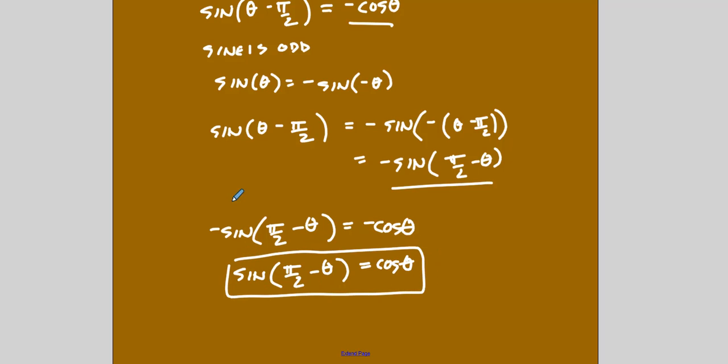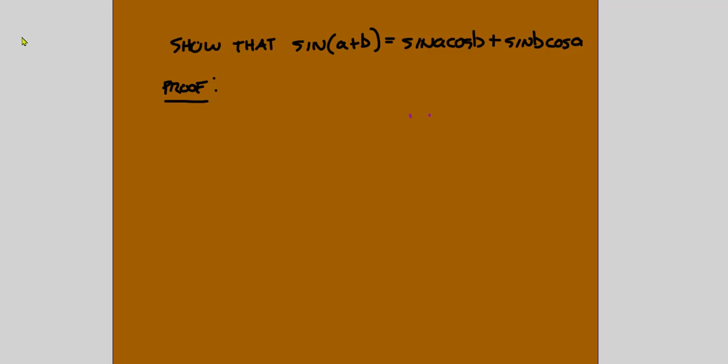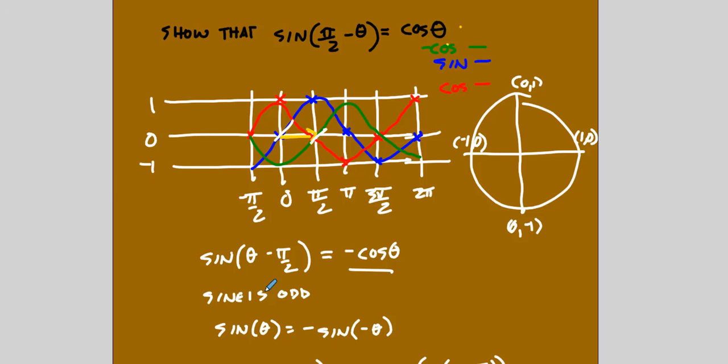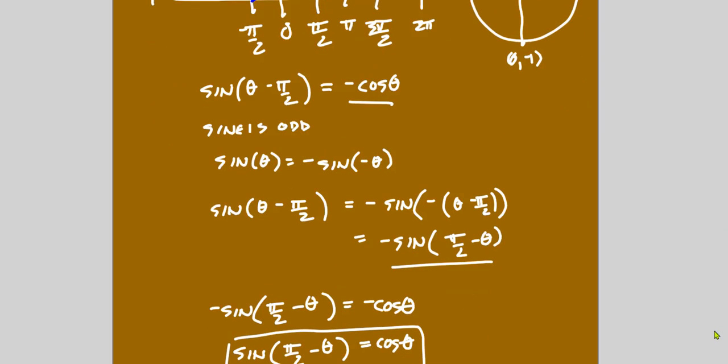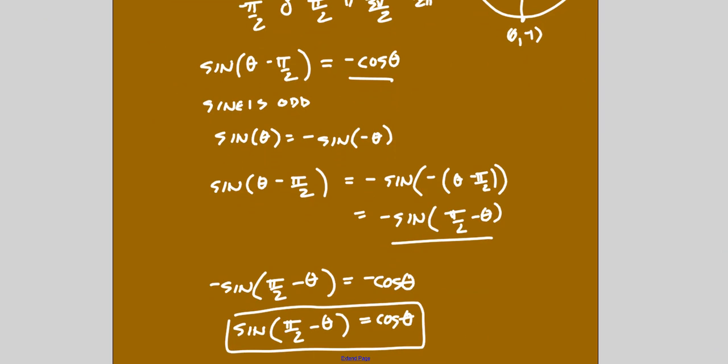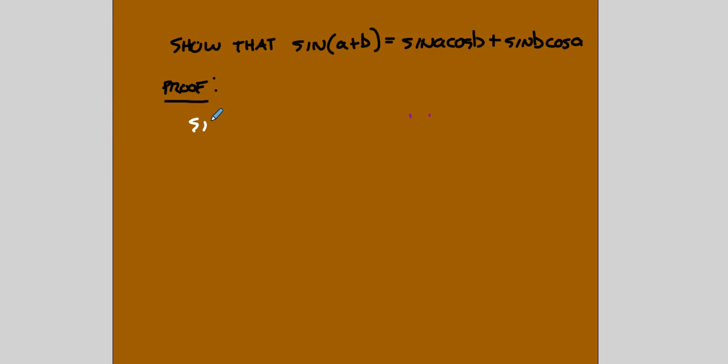Now we're ready to do our final proof. Let's write down the stuff that we just figured out. We have that sine of pi over 2 minus theta equals cosine theta.